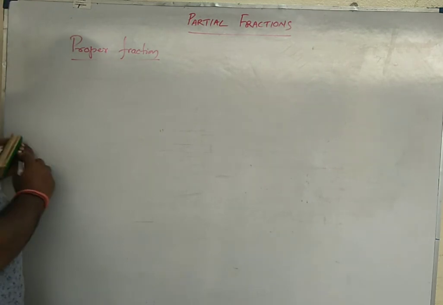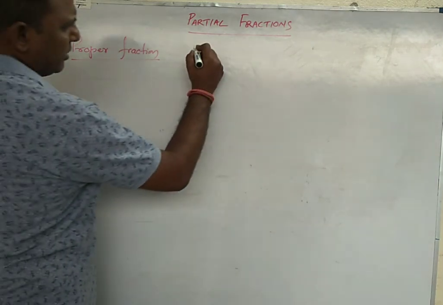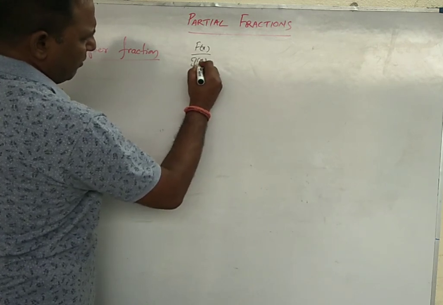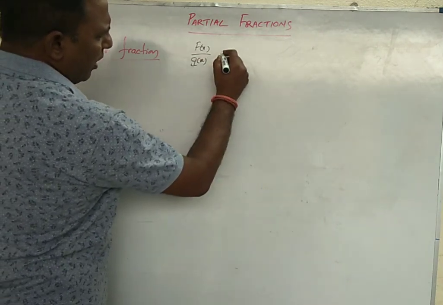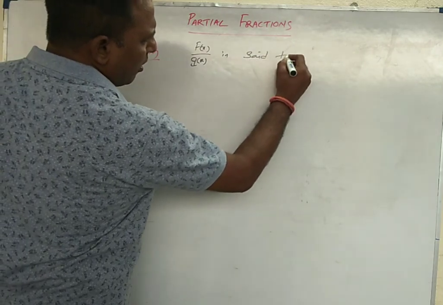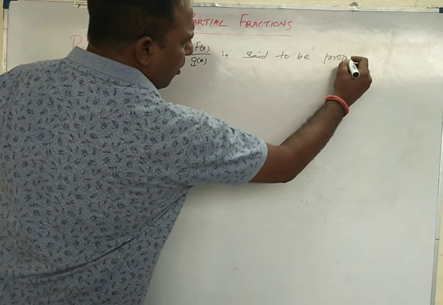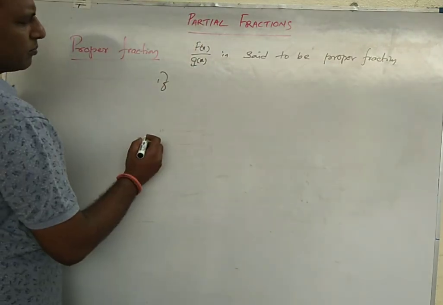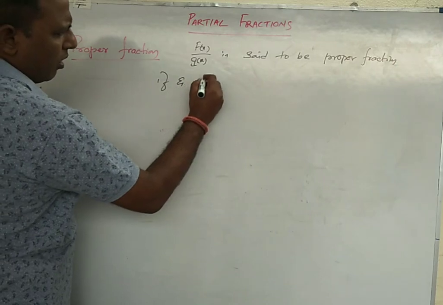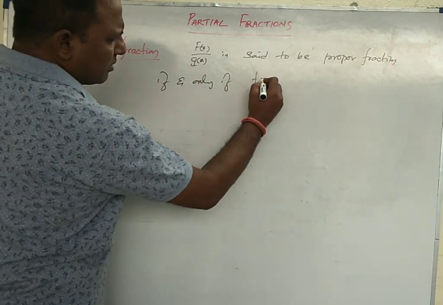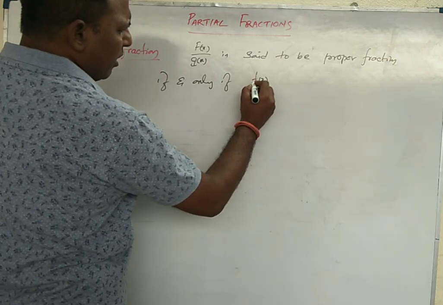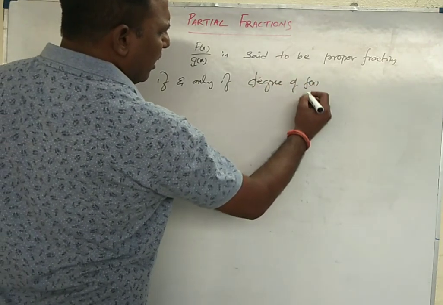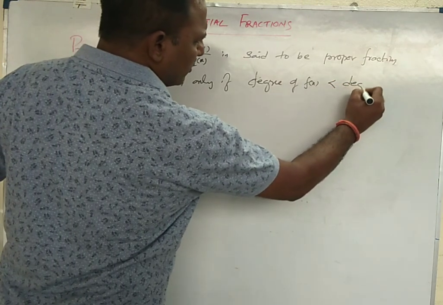Proper fraction means f of x by g of x is said to be a proper fraction if and only if the degree of f of x is less than the degree of g of x.